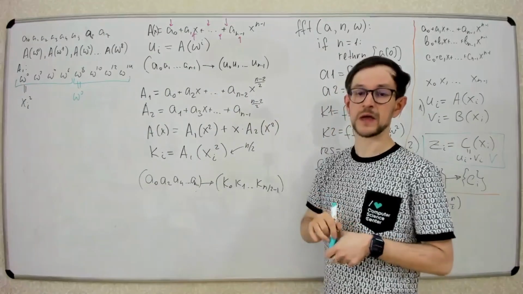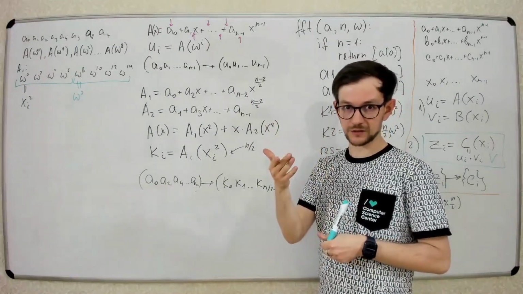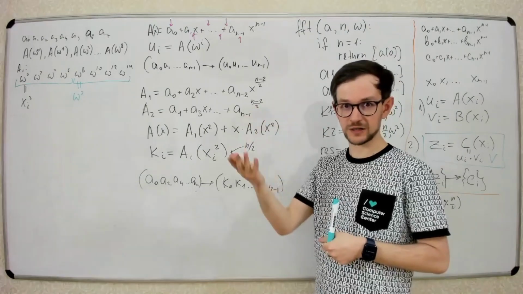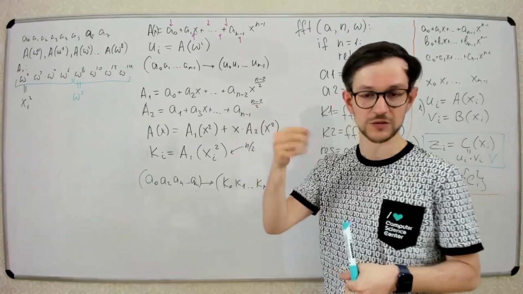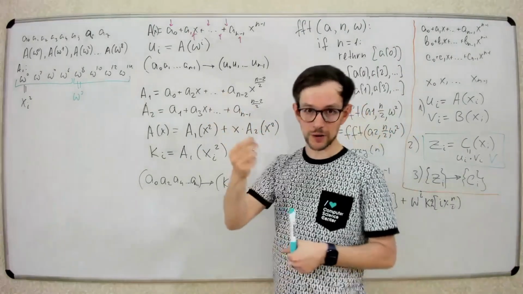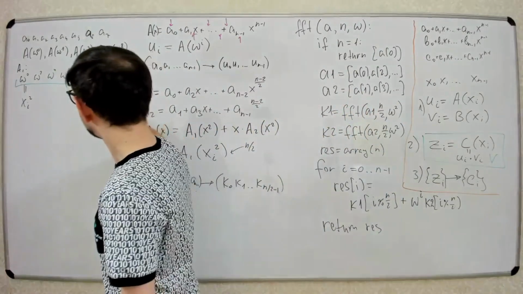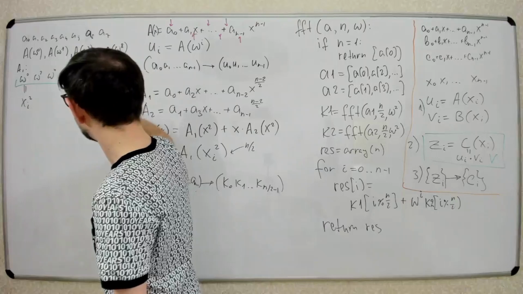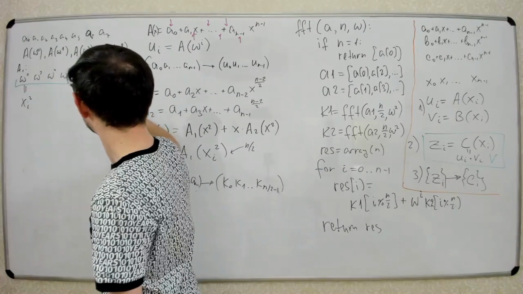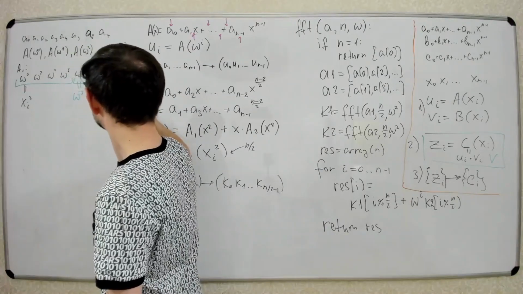Again, n is 8, so W power 8 is 1. 1 is W power 0. And this is the same as W power 2, the same as W power 4, the same as W power 6.